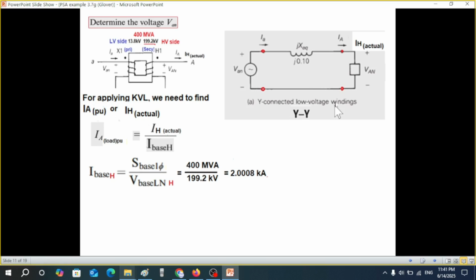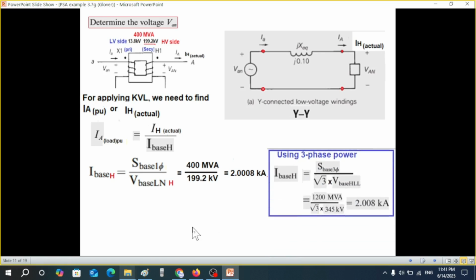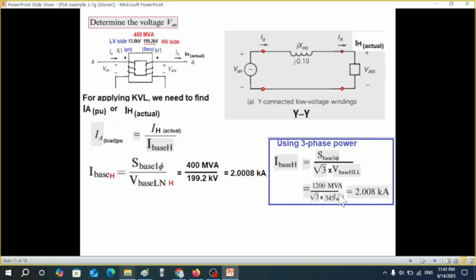We have to find it from the power divided by the line voltage. So the power up to this point is 400 MVA, you can see 400 MVA from here, and the line voltage is 199.2 kV on the high side. And so this will be our base current, 2.0008 kiloampere. We could have used three-phase, we'll get the same result.